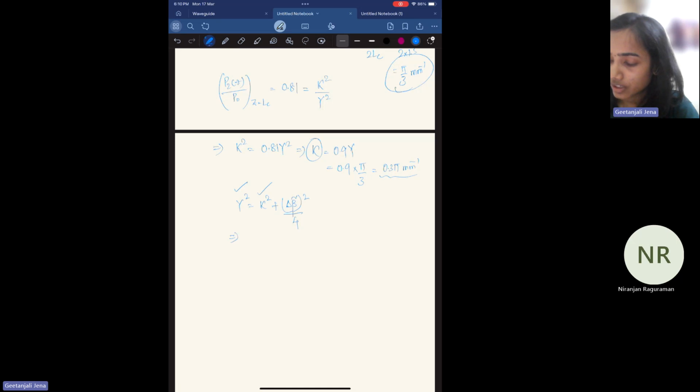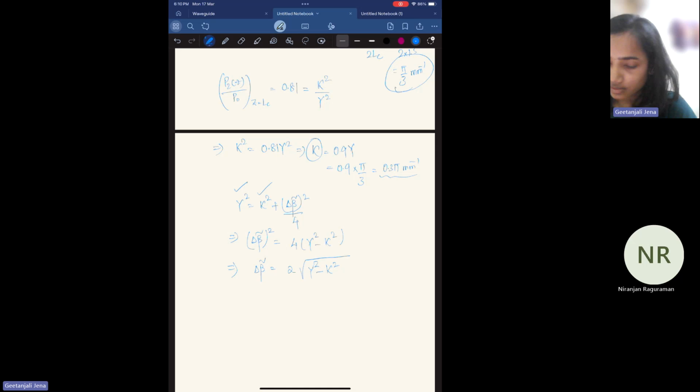So we can easily calculate delta beta square, which is 4 times gamma square minus kappa square. So delta beta is simply 2 square root gamma square minus kappa square.